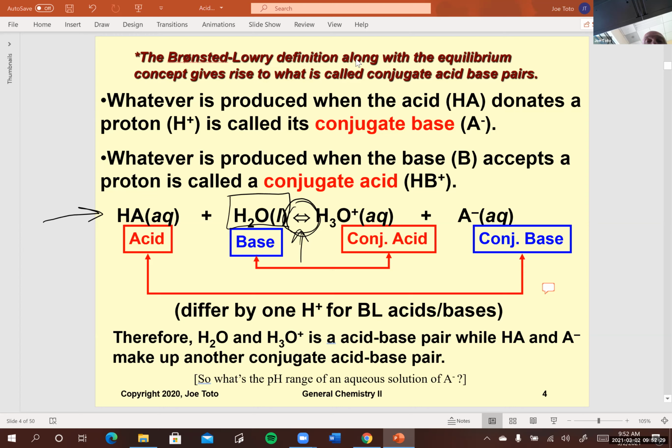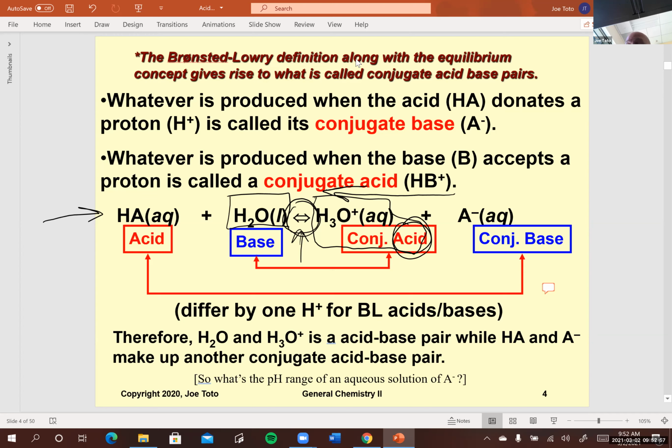So we have the situation where we can look at the products back reacting to make reactants. And if we look at it from that perspective, then we notice that H3O plus is going to give up a proton. And according to Bronsted-Lowry, something that gives up a proton is an acid.